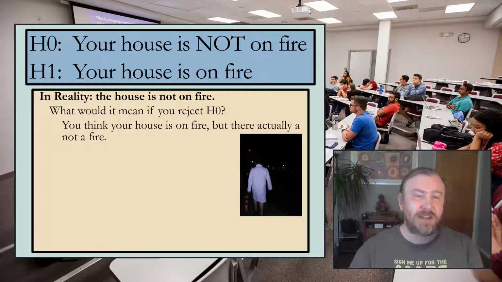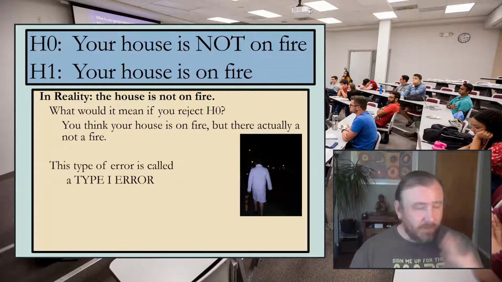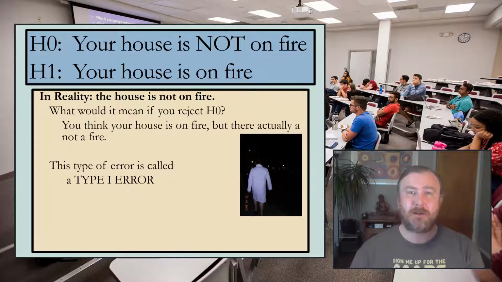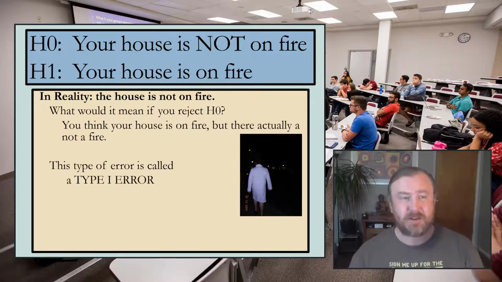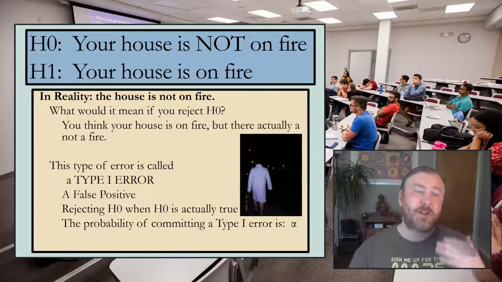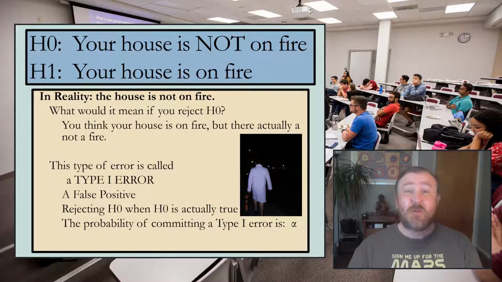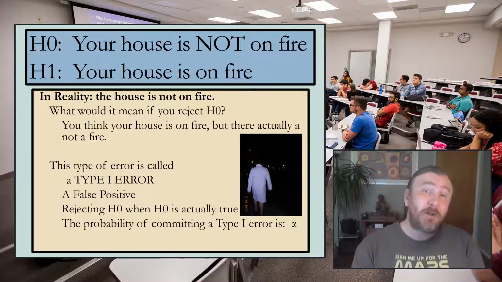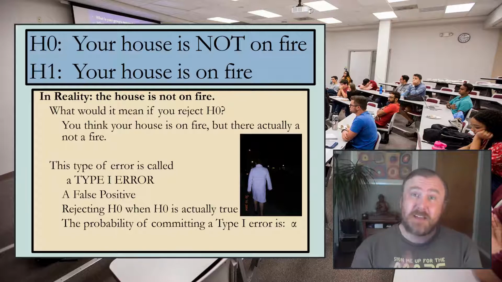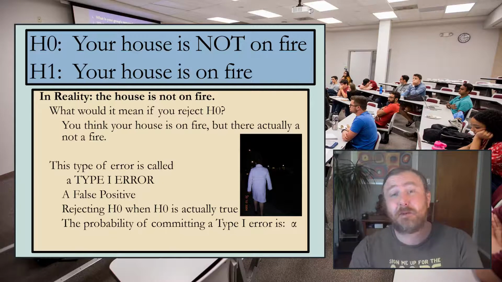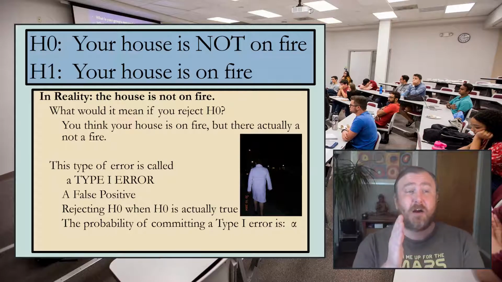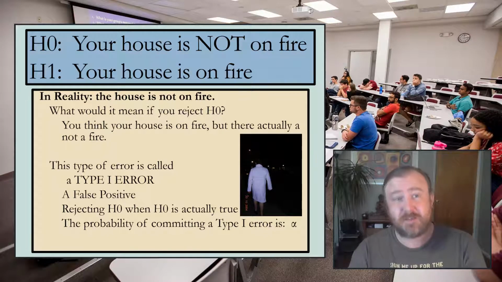And so you'd be out on the streets in your bathrobe. This is a type 1 error. This is a false positive. This is whenever you are rejecting the null hypothesis when actually the null hypothesis should have been retained. And so the probability of committing a type 1 error is alpha. Alpha is the probability that you are making a false positive.